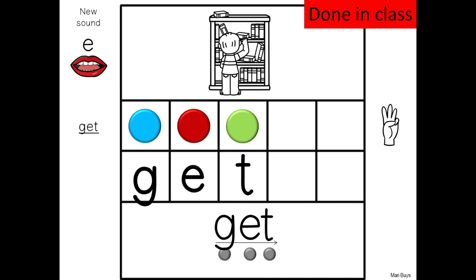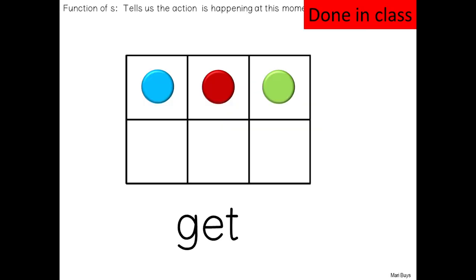Right. But there's an additional analysis being done in class, and it looks like this, because now we want to look at the unit. So we've got get, g, et, and there is, okay, the word is get. Now it's gets.